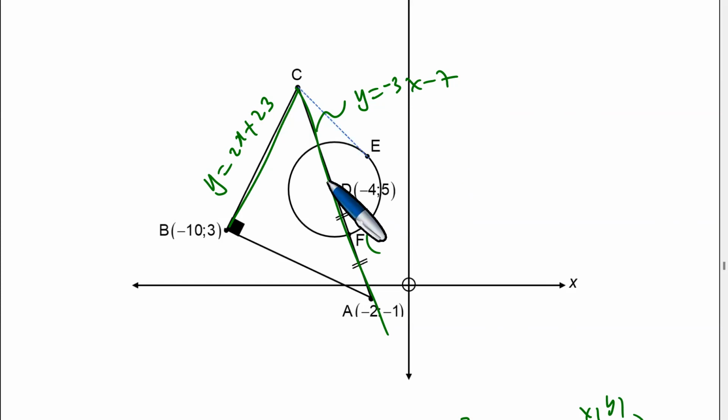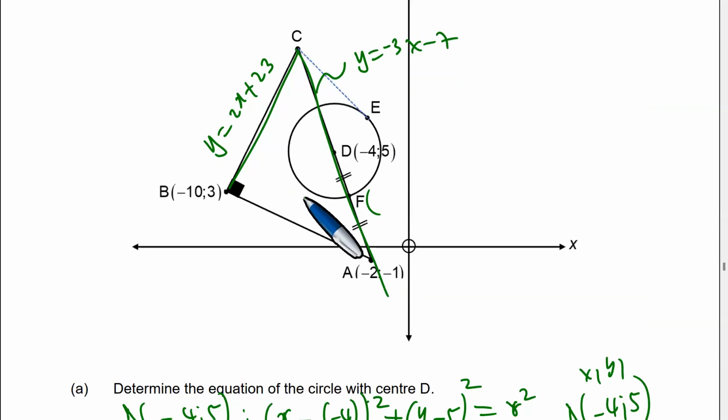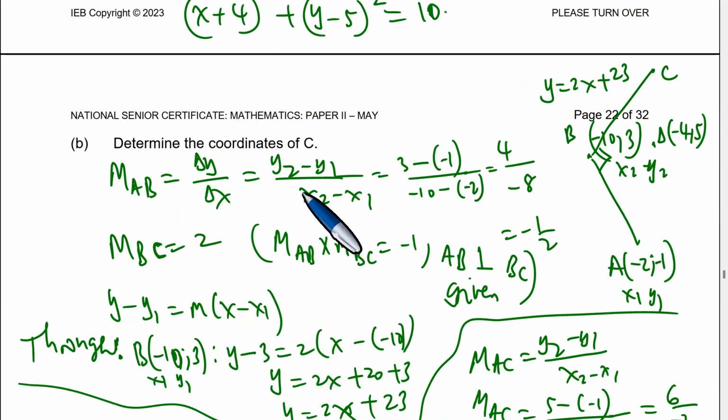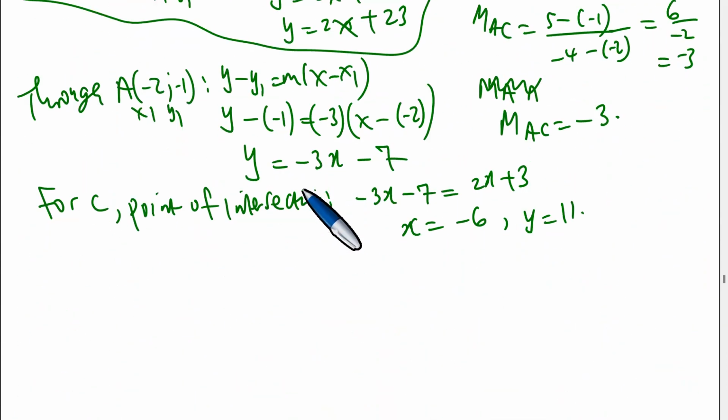We want to find the coordinates of C because the two lines intersect. There's not quite a very obvious way to find the coordinates of C except to use the equations of the two lines that intersect at C. These two lines surely intersect at C. So to find the coordinates of C, we just need to solve these two equations simultaneously.